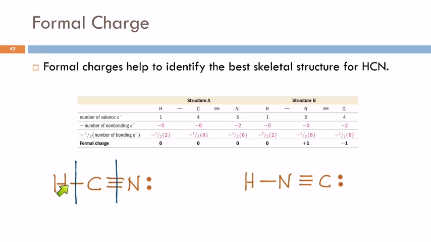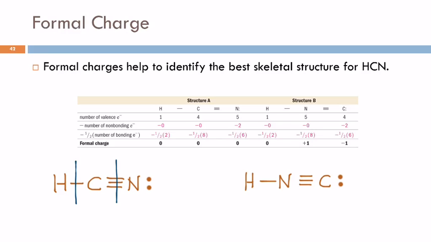Each bond is 2 electrons. And so we look at this hydrogen. If we cut this all up, if we divorce the atoms, the hydrogen has 1 electron. This carbon has 1, 2, 3, 4 electrons. The nitrogen has 1, 2, 3 from the bonds and 2 from its lone pair. I think that makes more sense than the stupid equation.